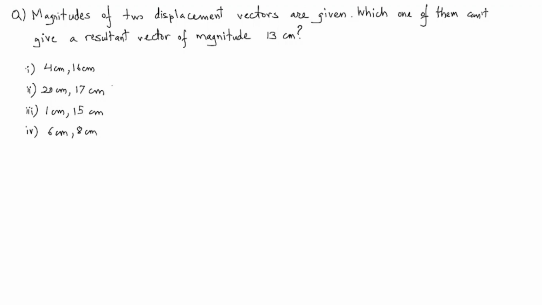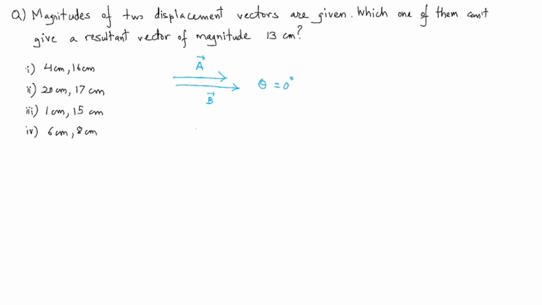Now remember one thing: whenever we are talking about two vectors, what is the maximum value of the resultant of those two vectors? The maximum value is when both the vectors are added, that is vector a goes in the a direction and vector b also goes in the a direction, when both the vectors are in the same direction, right? That is theta between them is 0 degree.